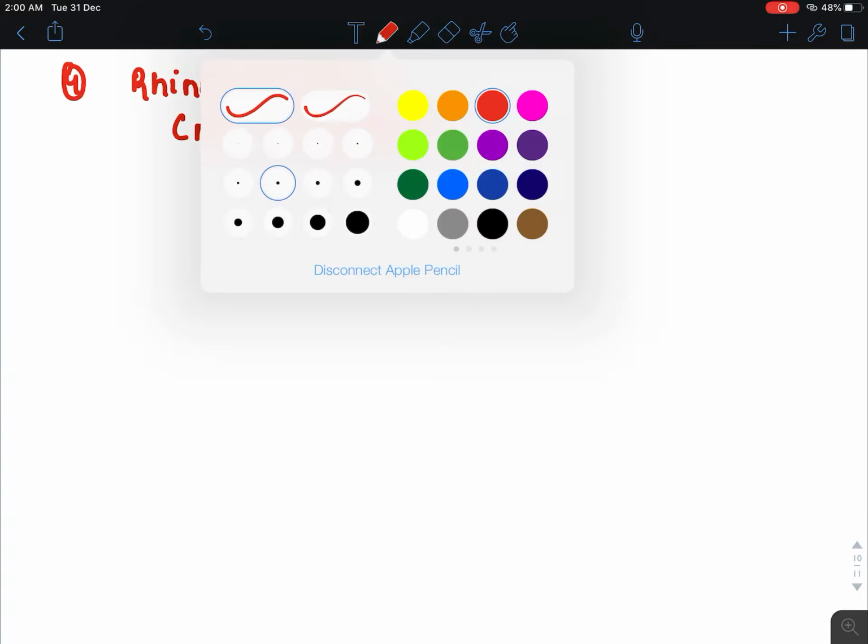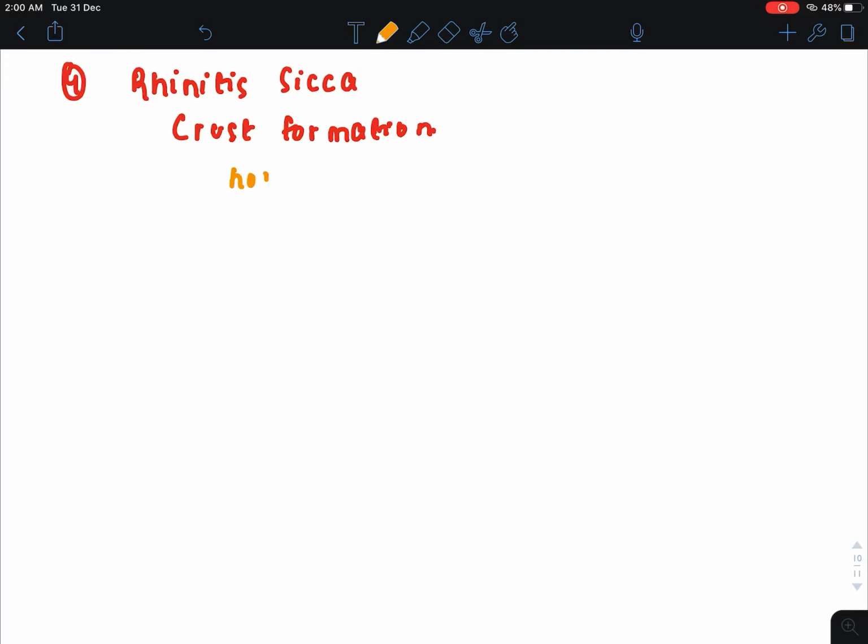Now we will see the fourth type of rhinitis, that is rhinitis sicca. In rhinitis sicca, crust formation is seen. The cause of formation of crust is seen in patients who live in a hot, dry, dusty environment.